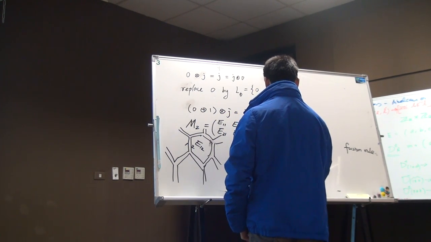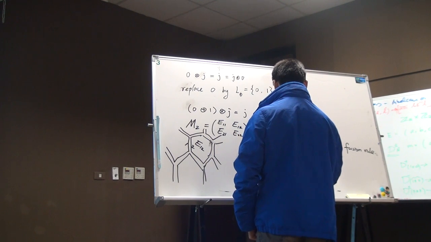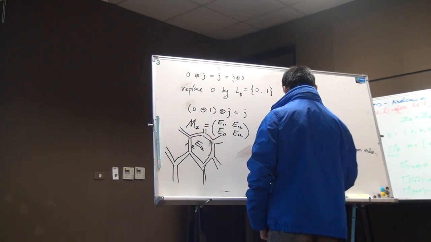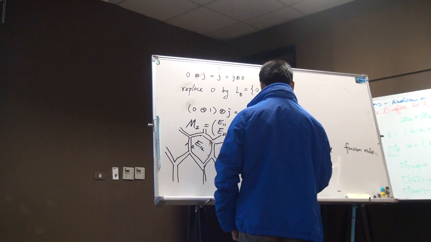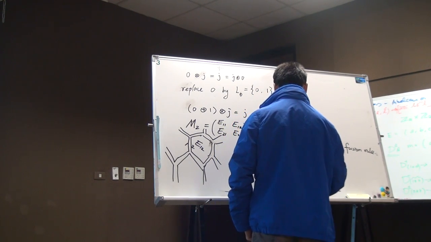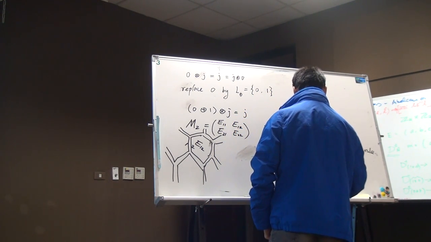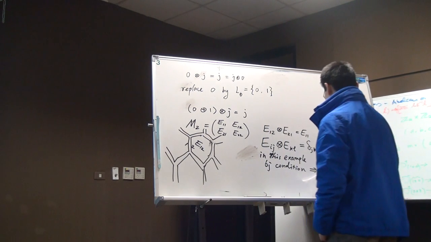So in this example, the signature symbol condition becomes the 3 co-cycle condition.